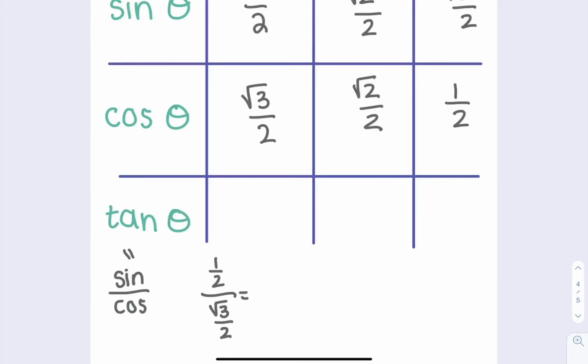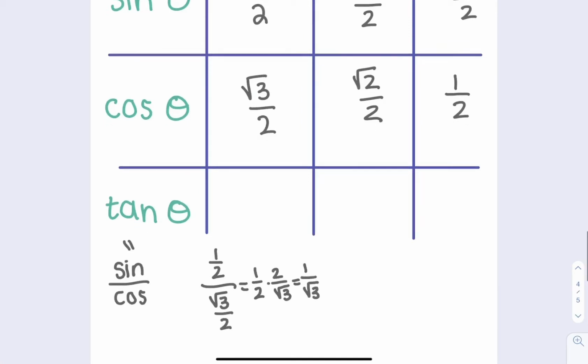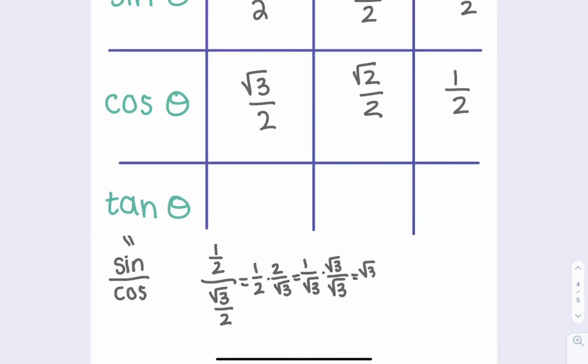So this becomes 1/2 times 2 over square root of 3, or that becomes 1 over square root of 3. Our last step, since we can't have a square root in the denominator, is to rationalize by multiplying by square root of 3 over square root of 3, in which case it becomes square root of 3 divided by 3. So there's our tangent of 30 degrees.